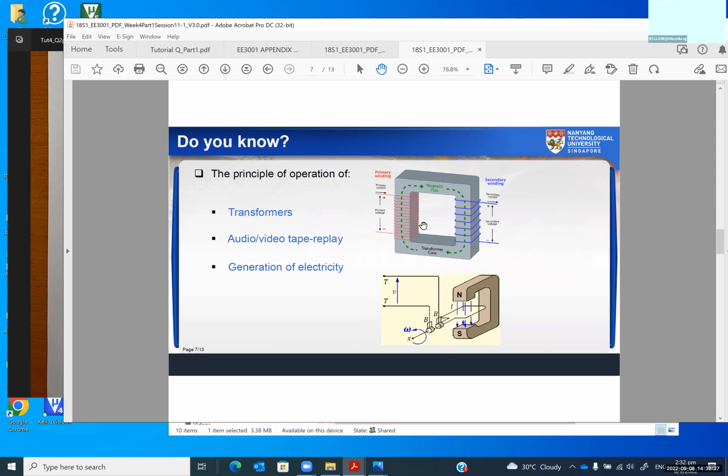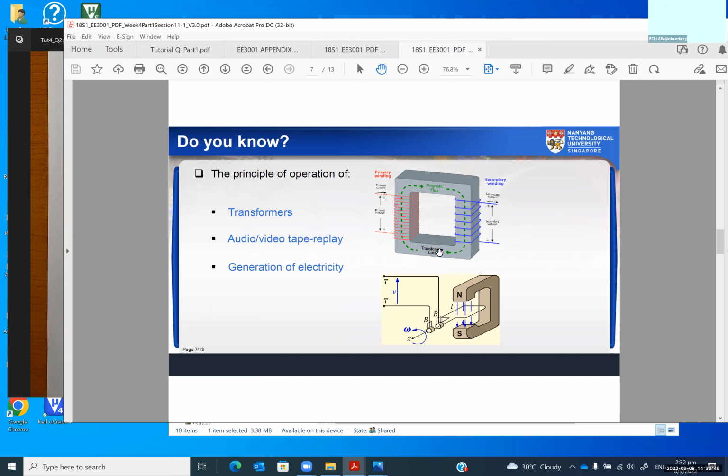Its velocity has to change with time. Once you have a time varying magnetic field, you can generate time varying flux that couples across to this secondary coil, and that creates this EMF. This creates this curl E.